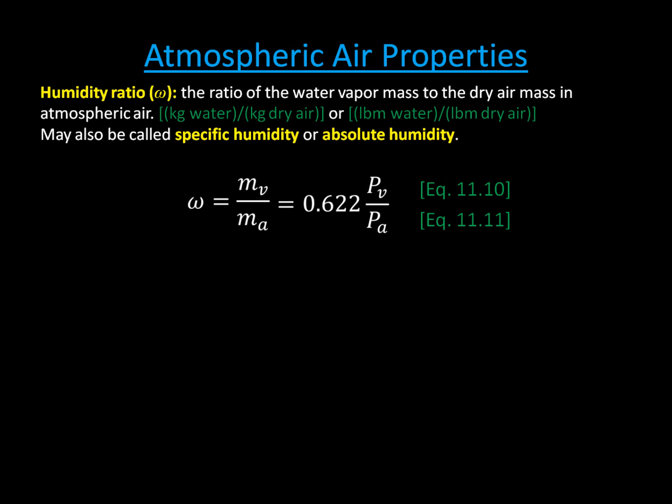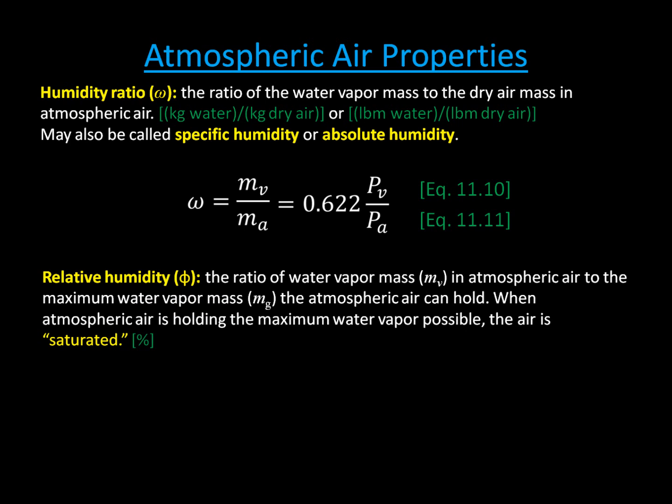And those are equations 11.10, 11.11 respectively. And the interesting thing is this, that 0.622 number comes from relating the ideal gas law, and then it's the ratio of the vapor specific gas constant over the dry air specific gas constant. And so it doesn't matter whether you're working in metric units or English units, it'll always come out to 0.622, which is why you have that numeric value regardless of your unit system for your humidity ratio.